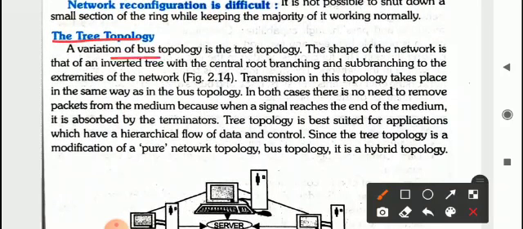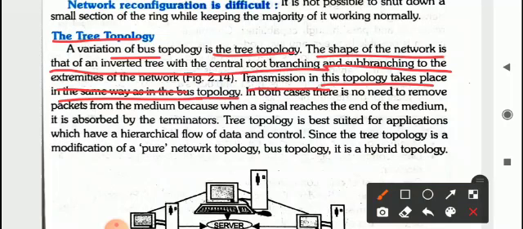A variation of bus topology is the tree topology. The shape of the network is that of an inverted tree with the central root branching and sub-branching to the extremes of the network. The transmission in this topology takes place in the same way as in the bus. In both cases, there is no need to remove packets from the medium because when the signal reaches the end of the medium, it is absorbed by the terminators.